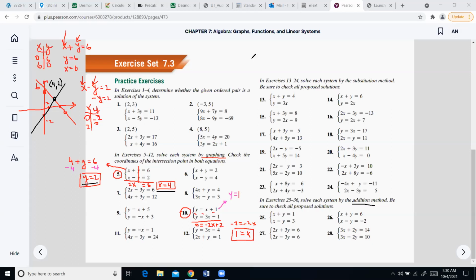So it'll be y is equal to 1 plus 1. So y will be equal to number 2. And that's it. So I found the pair 1, 2, which is the solution of this system. Just like that.